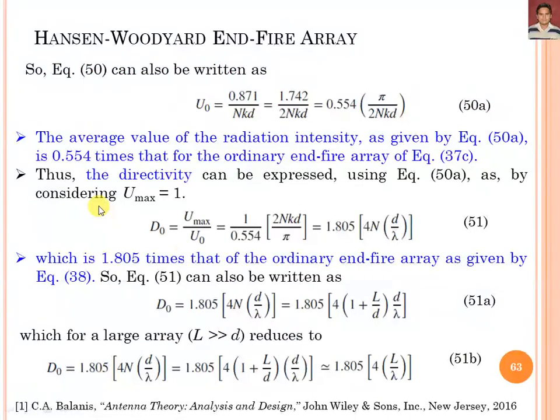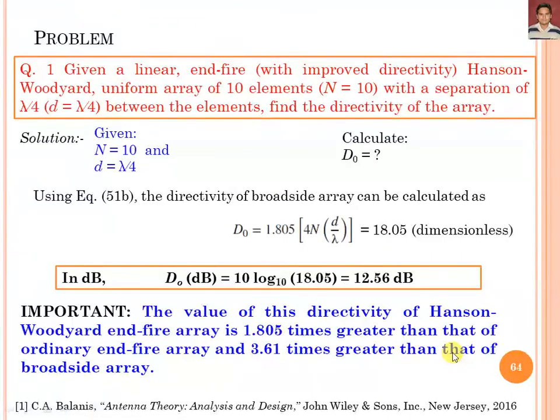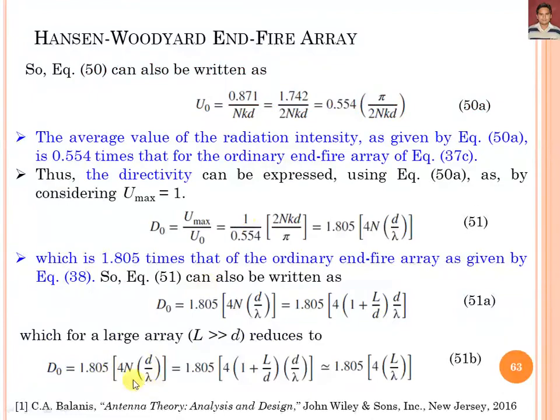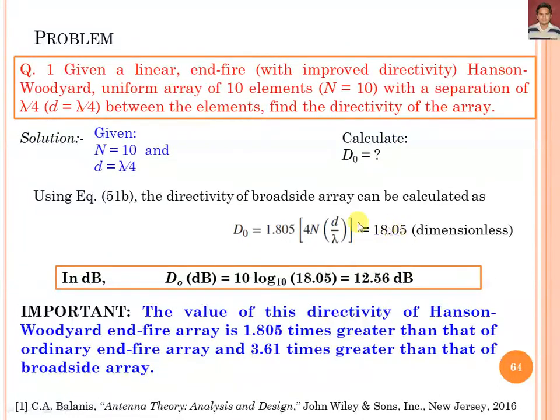By considering equation 51b, the directivity of the array can be calculated: D naught equal to 1.805 times 4nd by lambda. Putting in the values, this is equal to 18.05, and in terms of dB we can calculate 12.56 dB. Here this is wrongly written as broadside array.